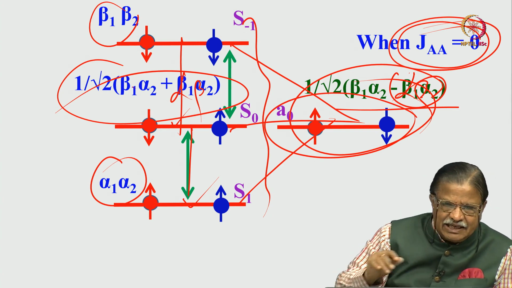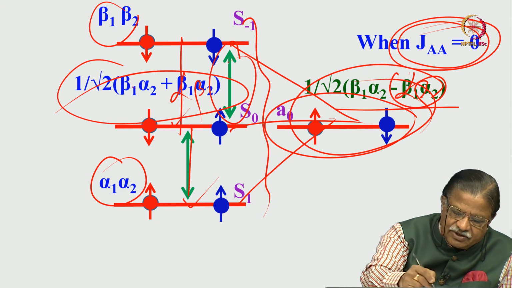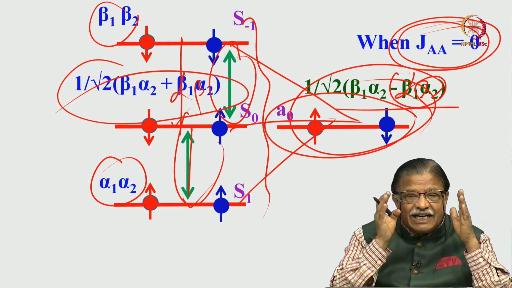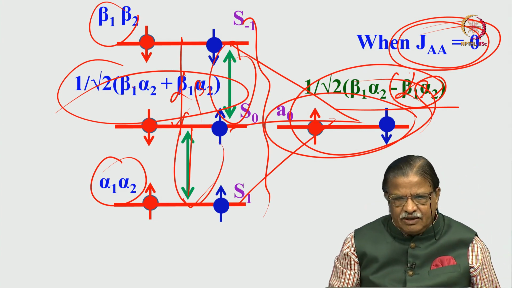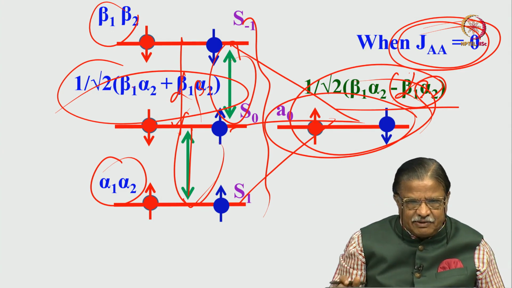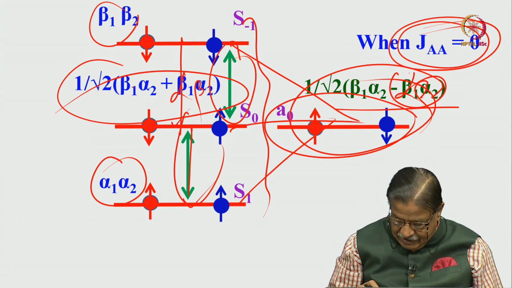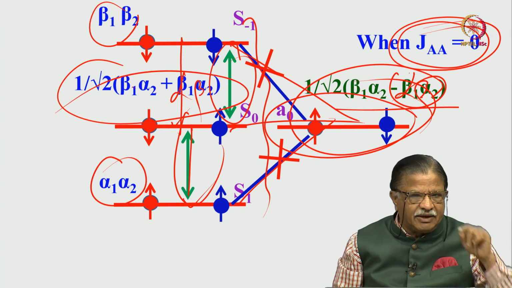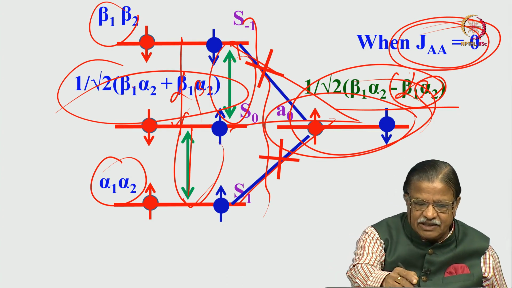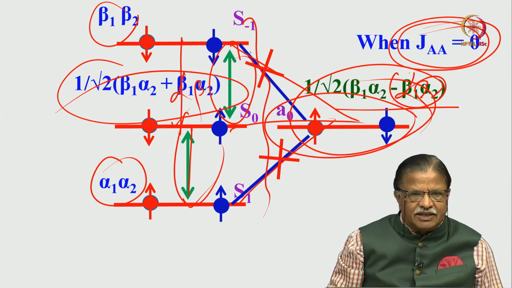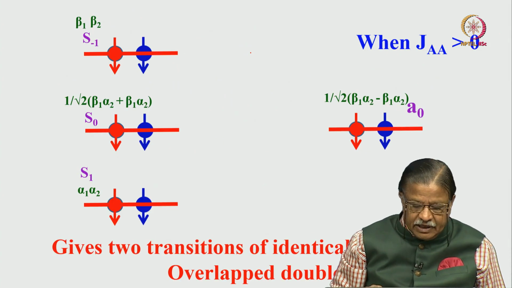This is the energy level diagram and you have only 2 transitions of identical frequencies. These 2 transitions of identical frequencies in the A2 case will overlap and give a single peak. And of course, transitions from symmetric to antisymmetric are forbidden. That is what I said.